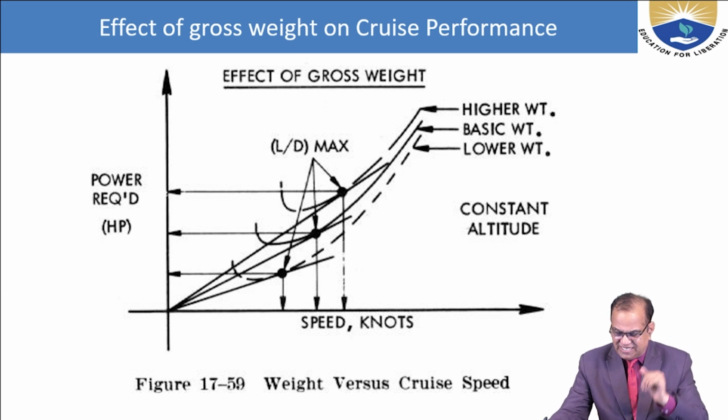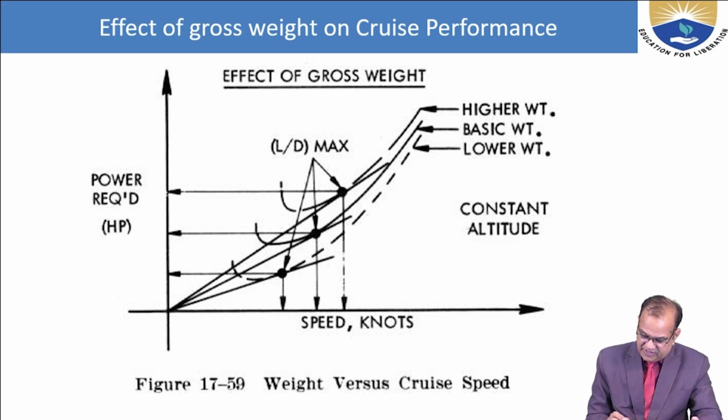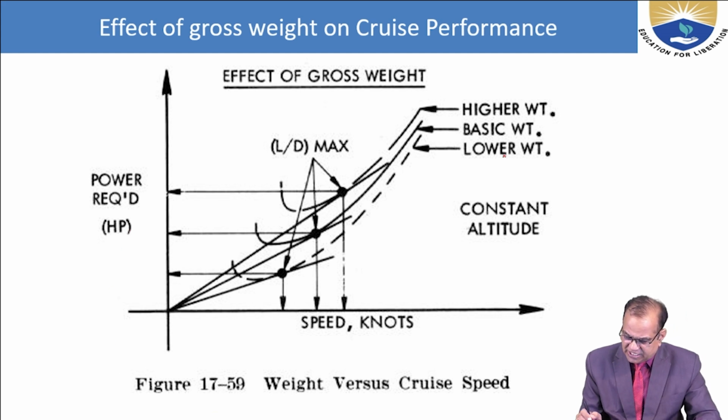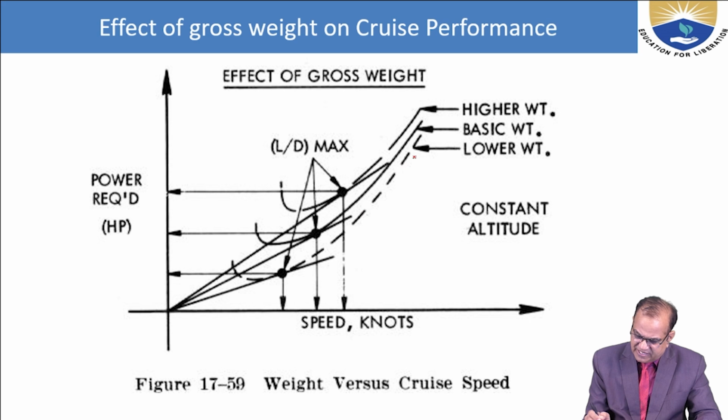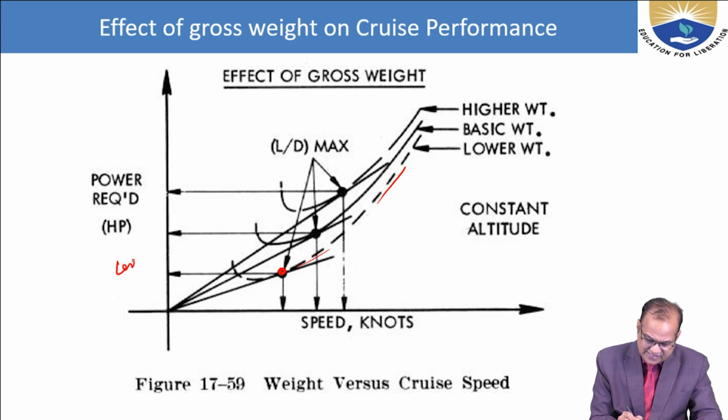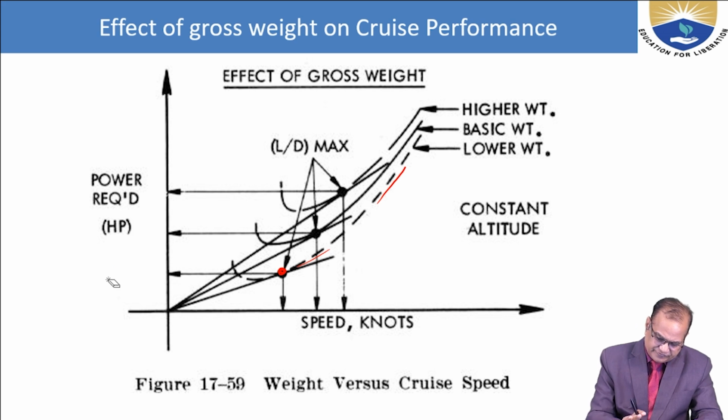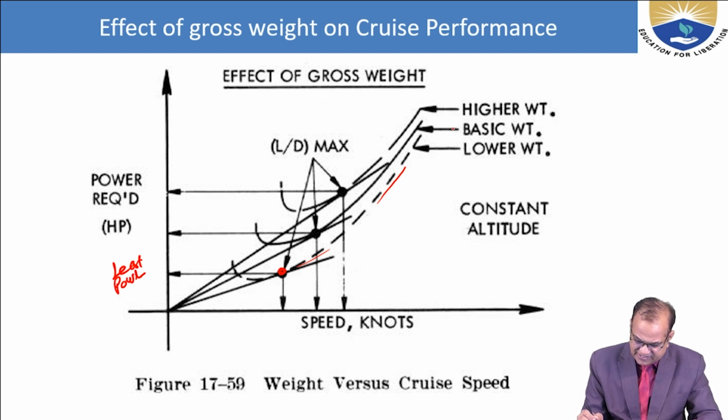So you can see here that we have speed in knots and power required, that is the drag, in horsepower. If you have the lower weight, on this plot, you need the least power. If you have the medium weight, and its speed is this, it is shifting towards the right.